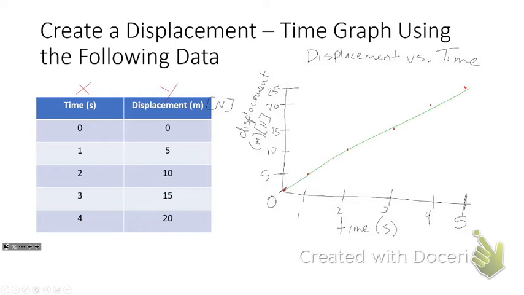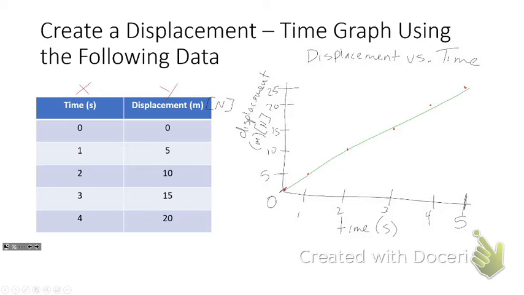What is on the y-axis here? Displacement, yeah, good. So my change in y is going to be my change in displacement. And what is on my x-axis here, Ariane? Time, yep, for sure. So it's going to be delta t.